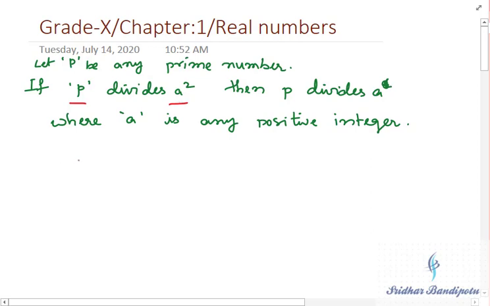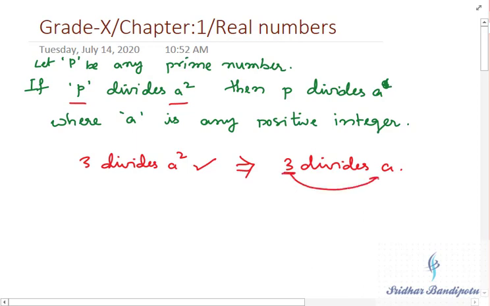If 3 divides a square, if this statement is satisfied, then we can write that 3 divides a. It means 3 is one of the factors in the prime factorization of a. So a is exactly divisible by 3.